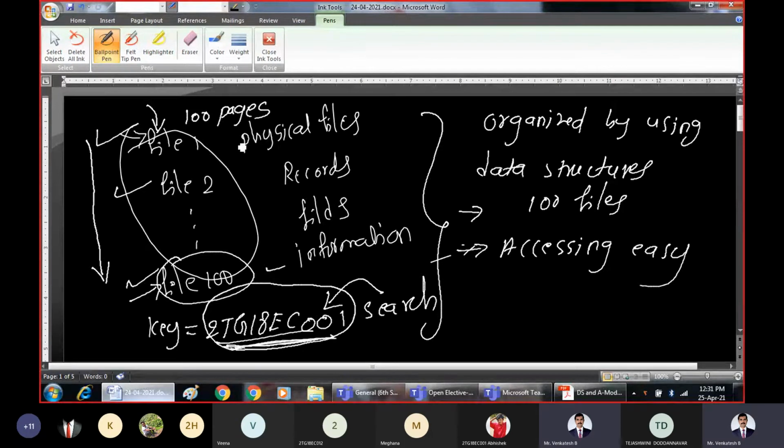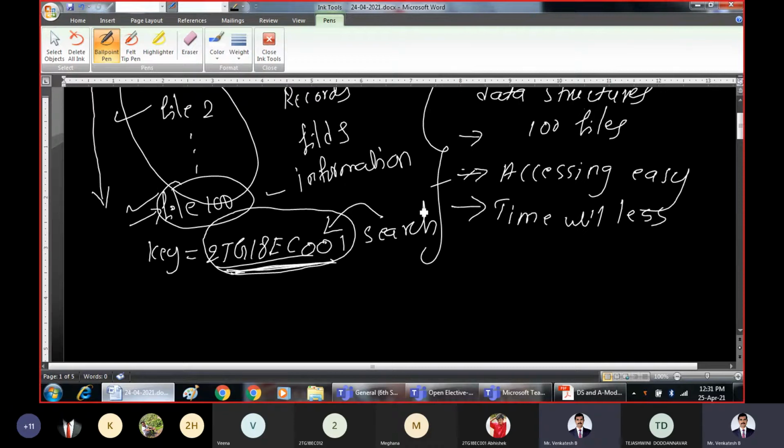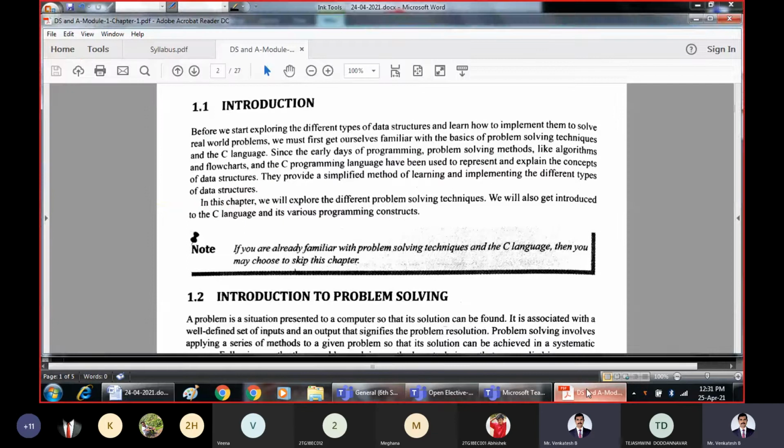Here, some random physical locations will be there, but if you organize them properly by using data structure, then access will be easy and the time will be less for accessing the data. So that is the definition of the data structure. It is efficient organization of the data so that it can be accessed properly.